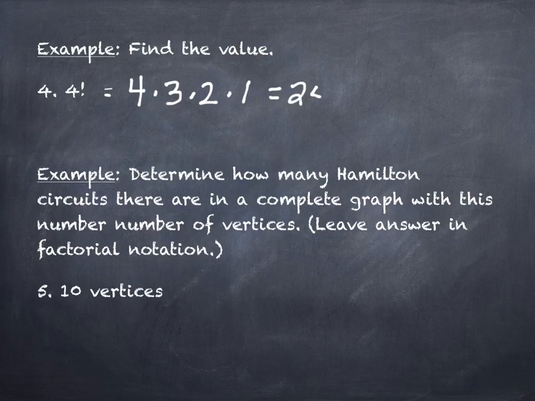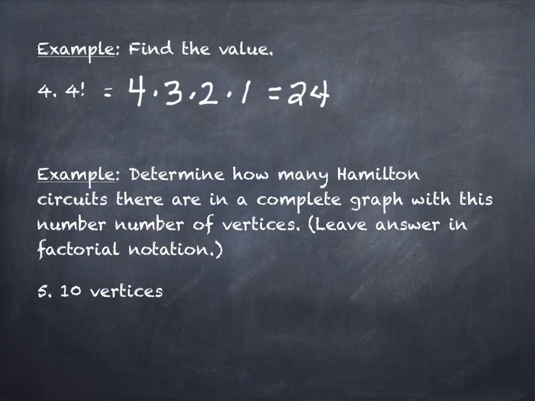Okay, so what this tells you, in terms of our graph, and we're going to come back to this particular example in a moment, is something about the number of Hamilton circuits within a complete graph. So for example, let's just say you had 10 vertices. That would be like a decagon, a 10-sided figure, in some shape or form.